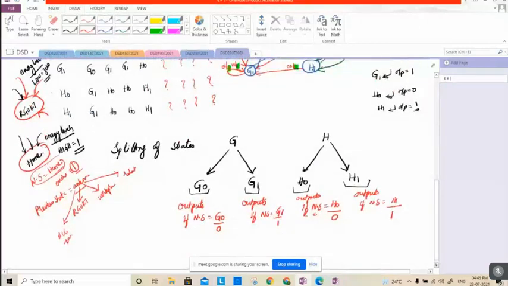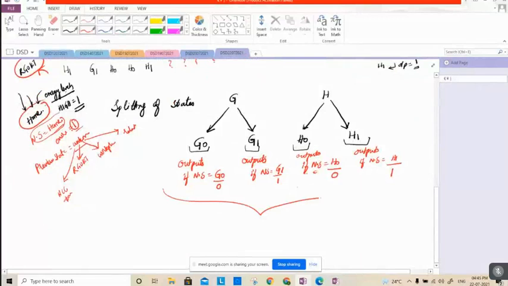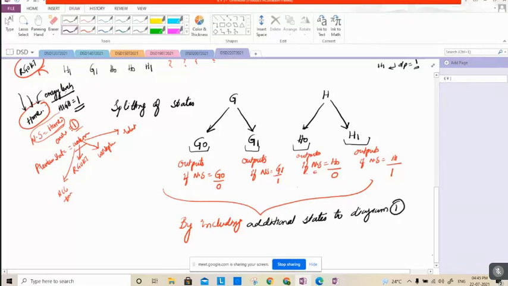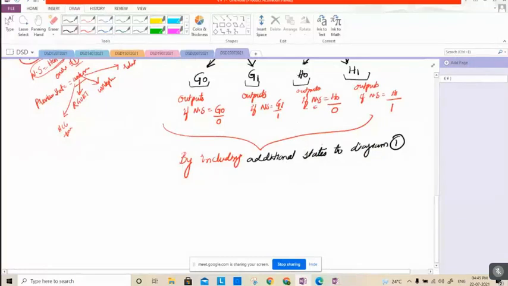From where is it learned? By including additional states to diagram 1, it resulted in diagram 3.